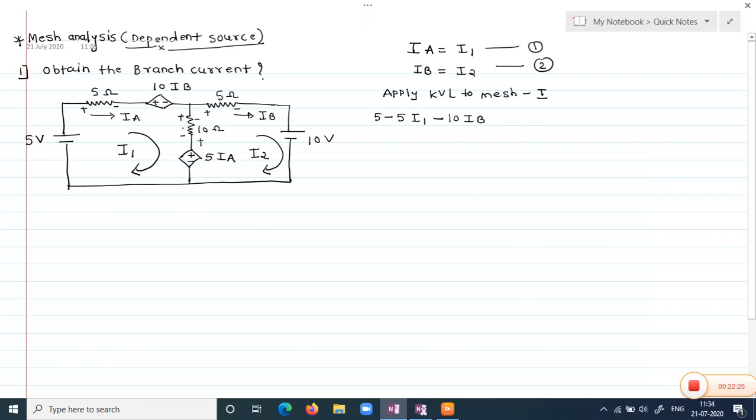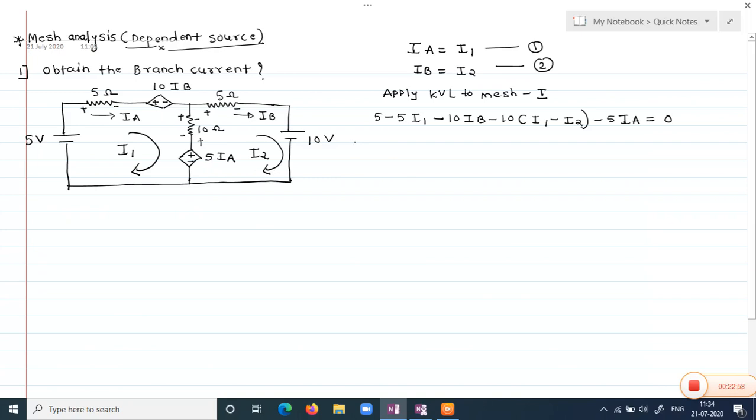Again the current is flowing from positive to negative, negative sign is there, but 10 ohm is common between loop 1 and loop 2, that is minus 10 times (I1 minus I2). Again for the second dependent source, minus 5 IA is equal to 0.